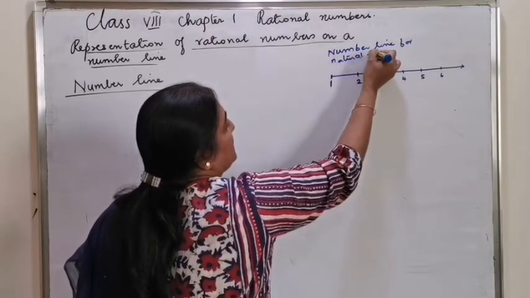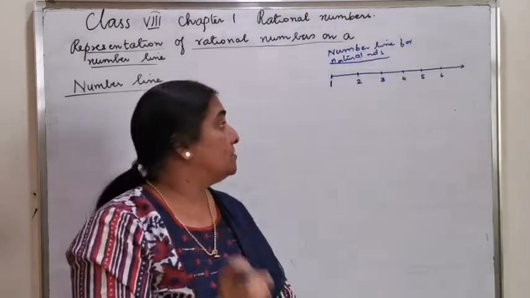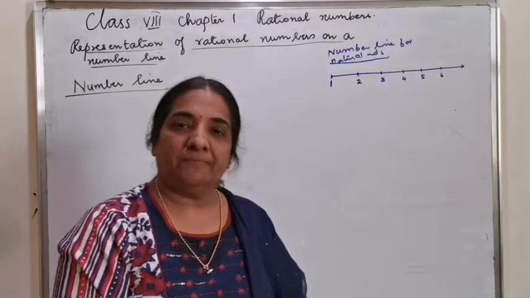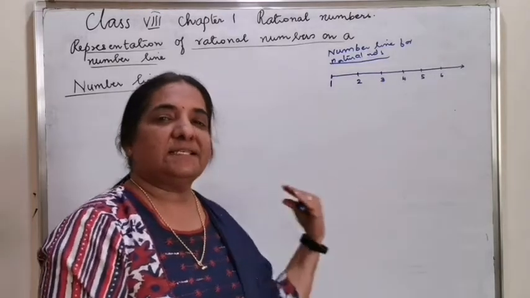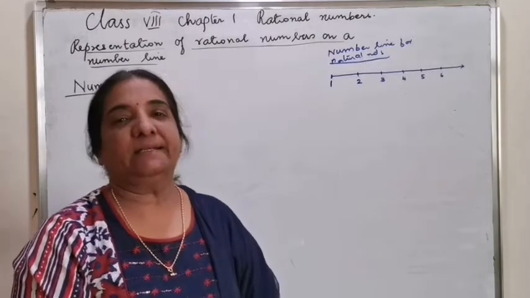Why? Because natural numbers start from 1, 2, 3, etc. and extend infinitely on only one side.